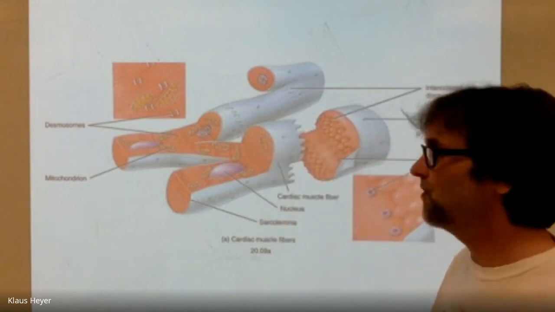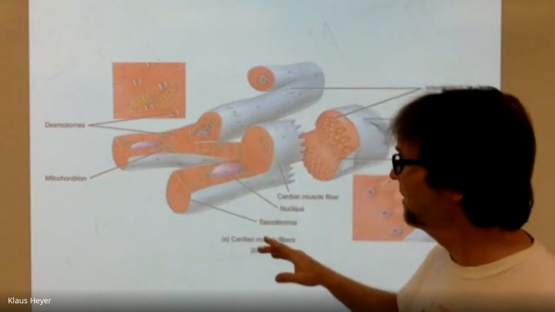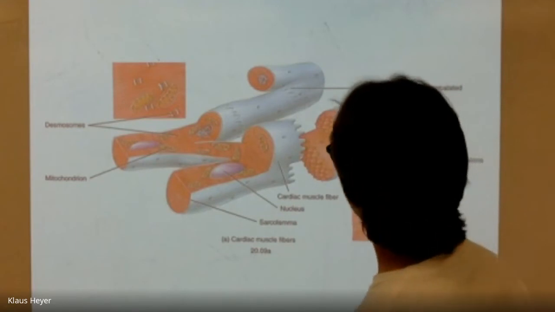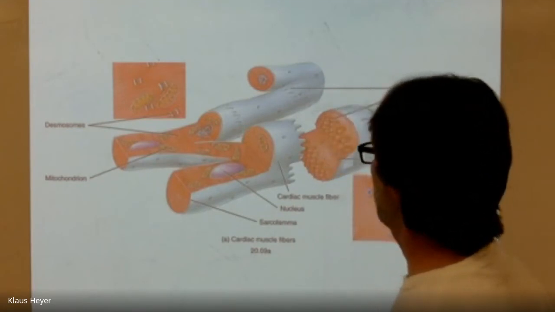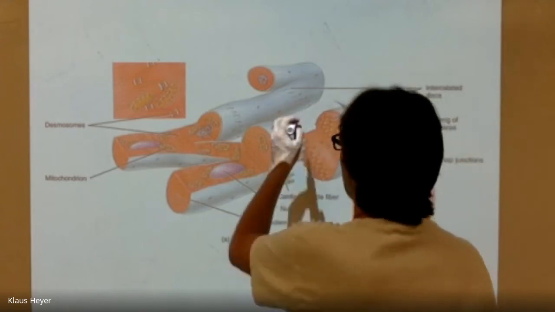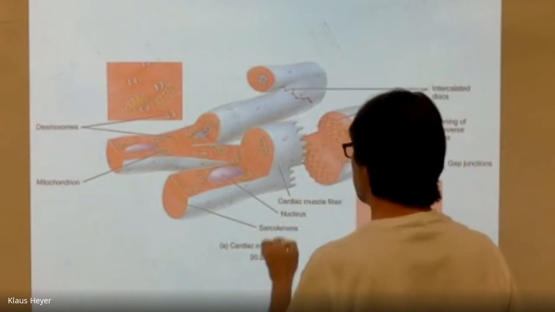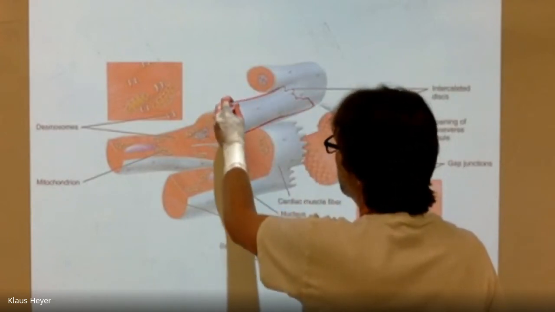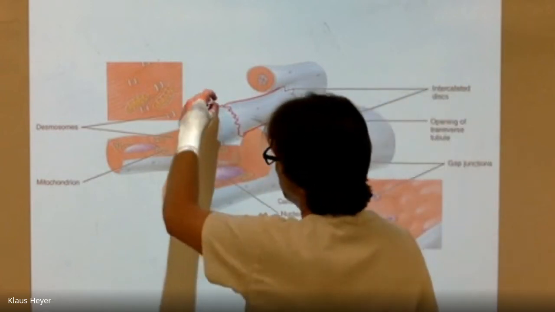So while the fibers look like skeletal muscle, they've got some differences, right? Here's one heart cell, one myocardial cell. Here's another one.